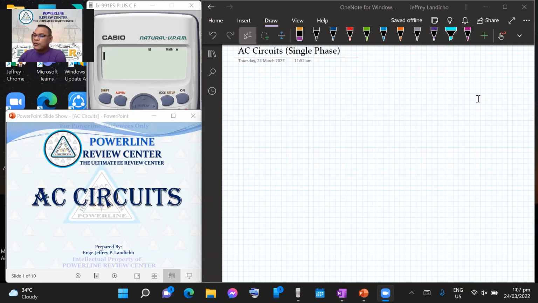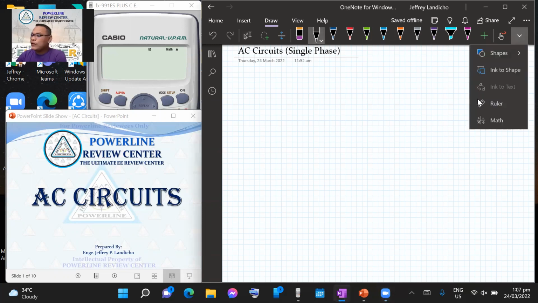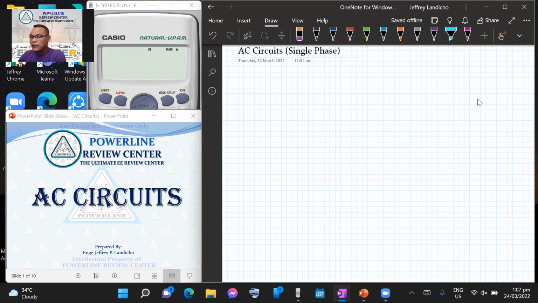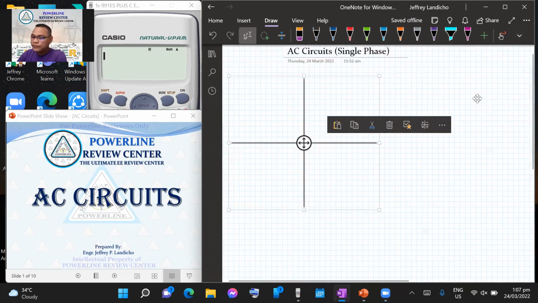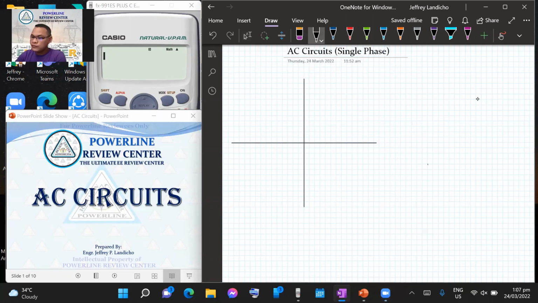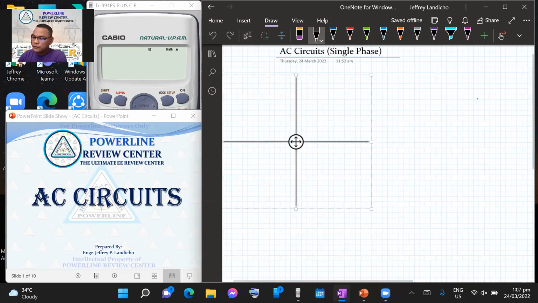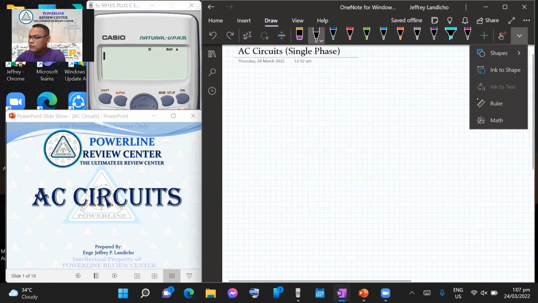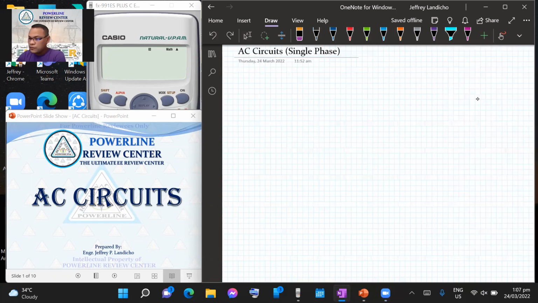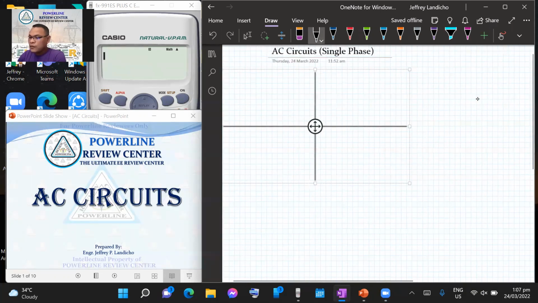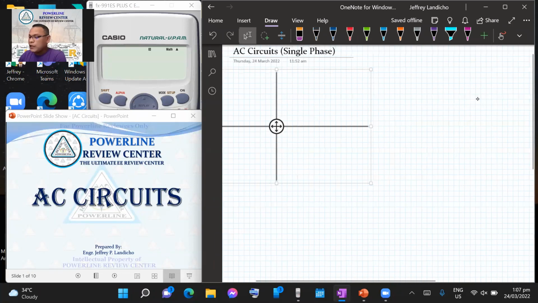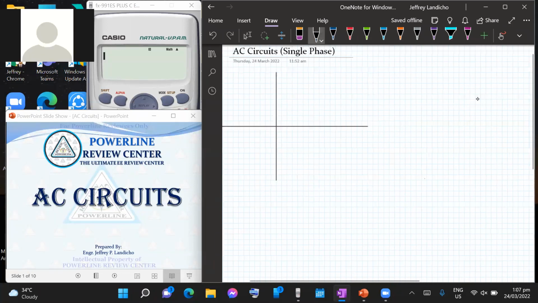Okay, so pagka kinuha natin yung ating alternating quantity at pinlot natin siya, okay, so pag pinlot natin or kinuha natin yung curve ng ating alternating quantity.